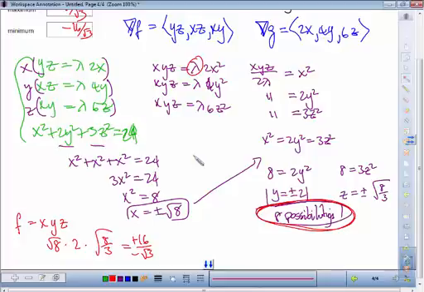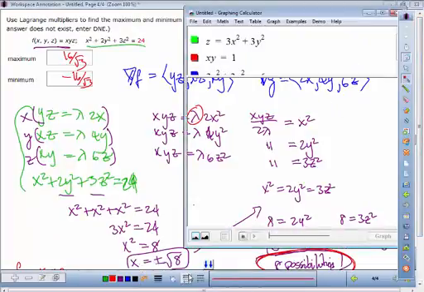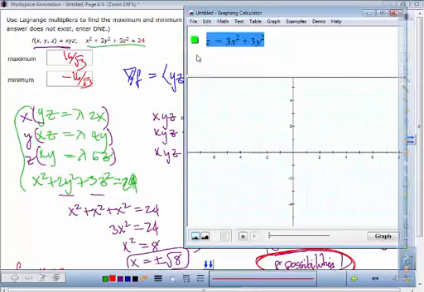Should we graph it? Let's take a look at the graph. What's the constraint look like in terms of what the graph of this should be? What do you think this is?